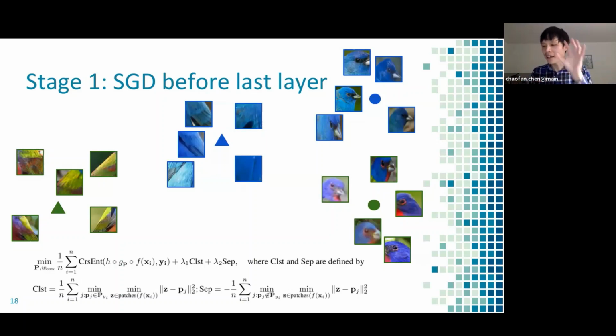So we set the connection between a prototype and the logit of its own class to be positive 1, and we set the connection between the prototype and the logits of all other classes to be negative 0.5.